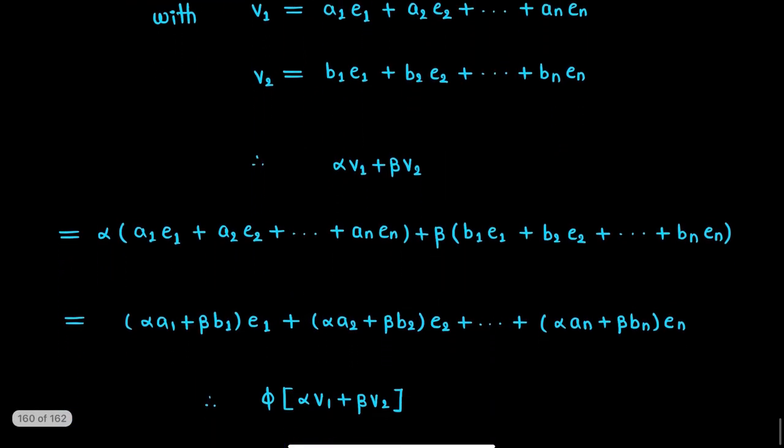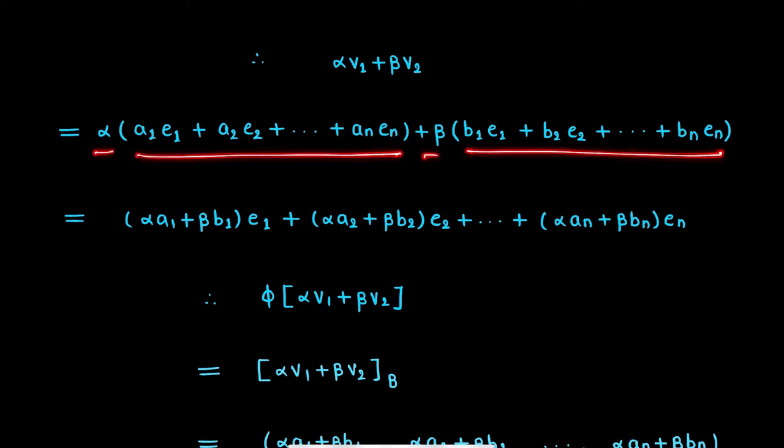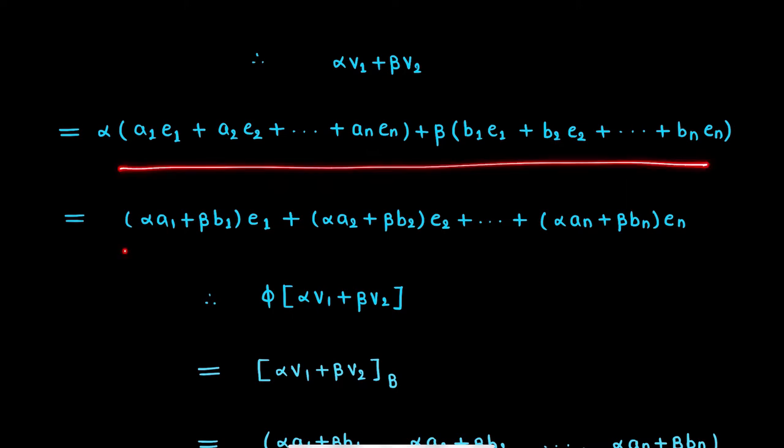Now consider alpha v1 plus beta v2. So alpha v1 plus beta v2 will be alpha times this representation of v1 plus beta times this representation of v2. Now simplifying this, we get this.